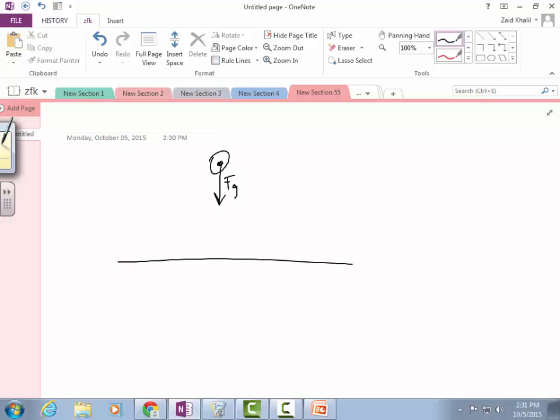So Fg. Then we write Newton's second law. And Newton's second law says what? The net force is equal to mass times the acceleration. And now we need to figure out what we're going to call up and what we're going to call down.